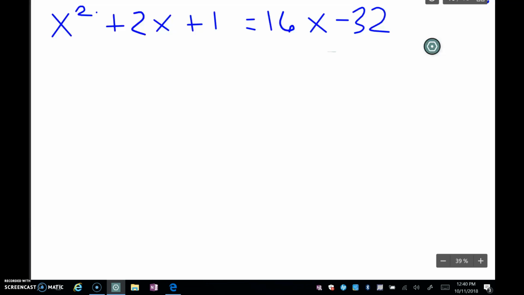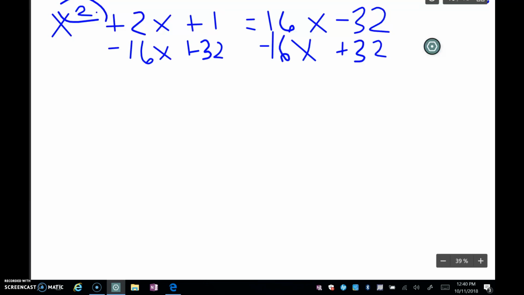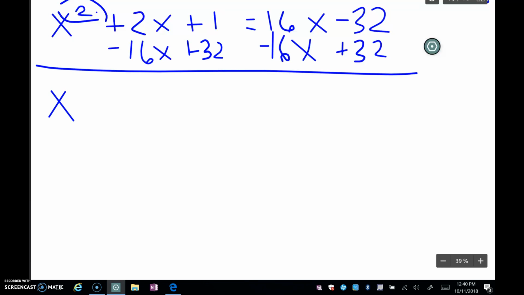So what I need to do, because again that's a square, is bring over my 16x and my 32. And that gives me x squared minus 14x plus 33 equals 0.